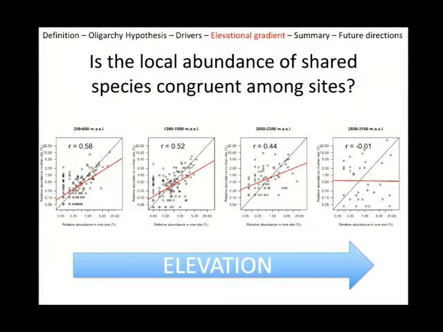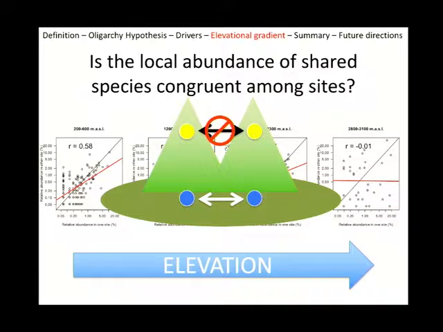And this is in support of our second hypothesis, which emphasizes the importance of landscape connectivity to keep the abundances correlated across space.